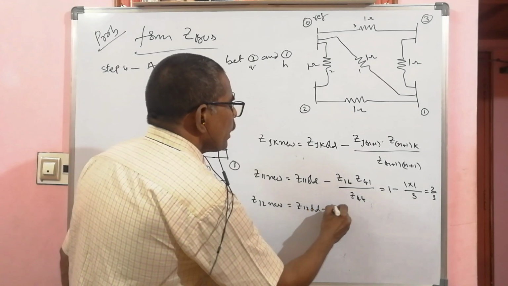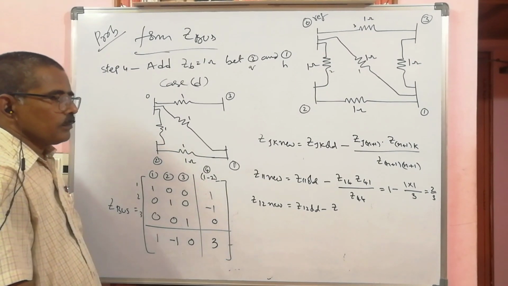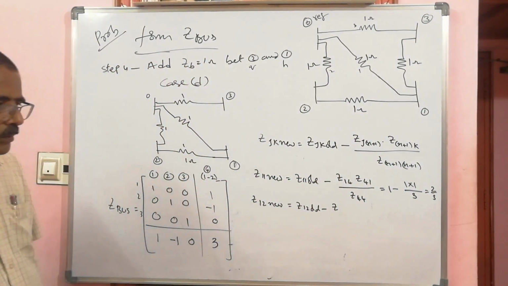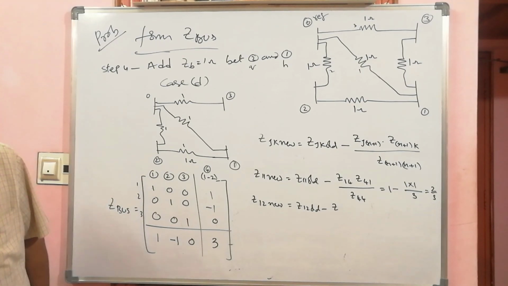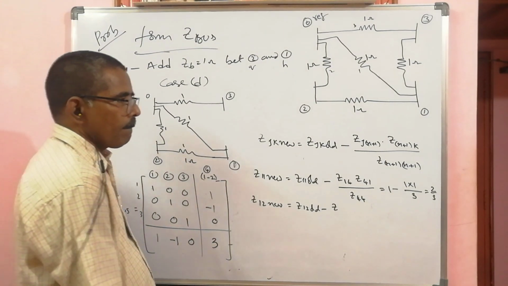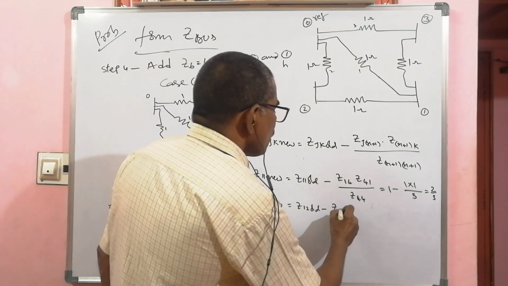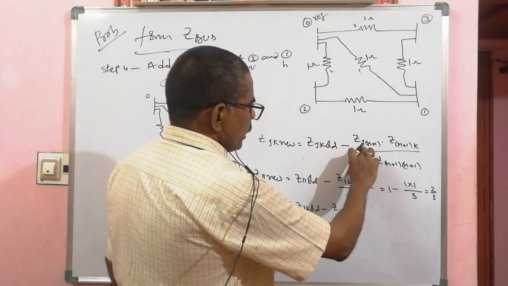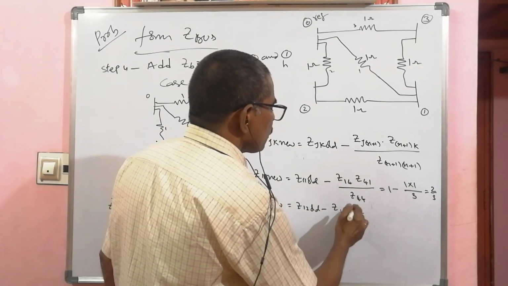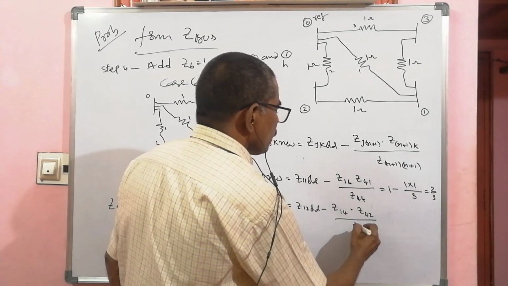Z12 old minus Z14, J is 1, n plus 1 is 4 only, Z42 divided by Z44.